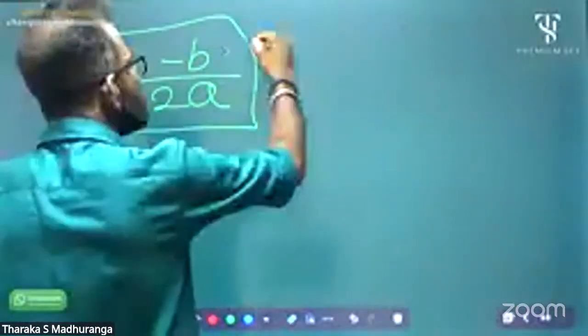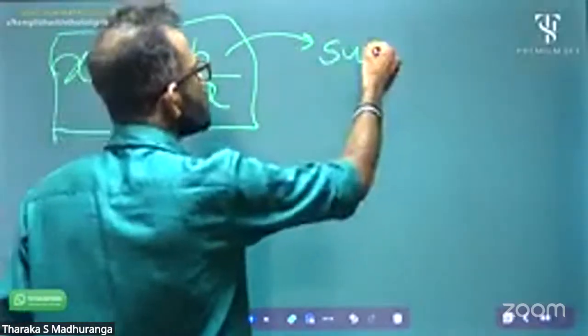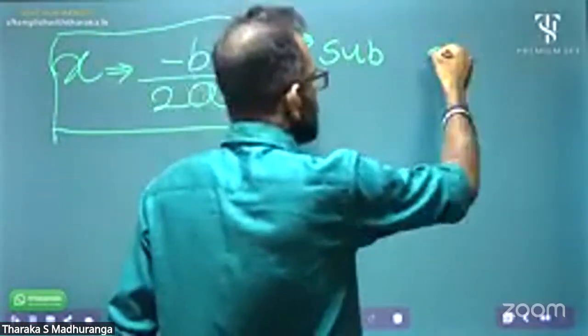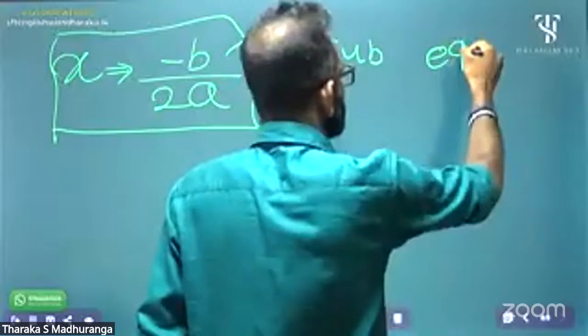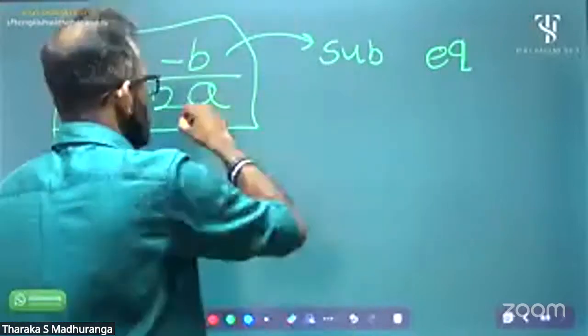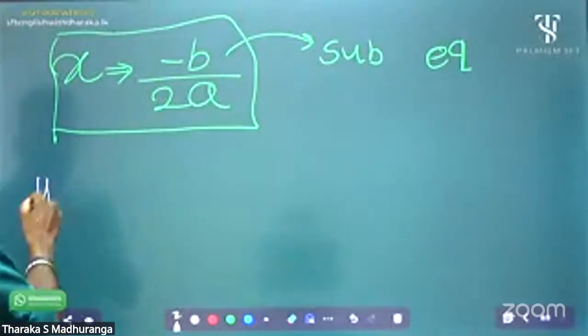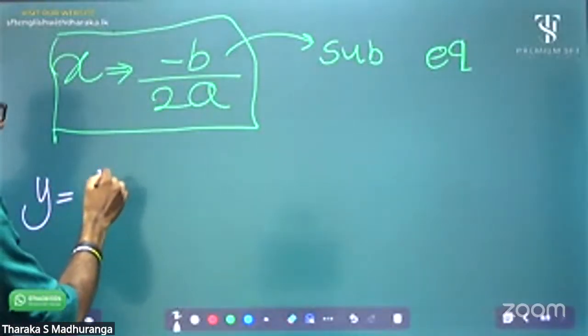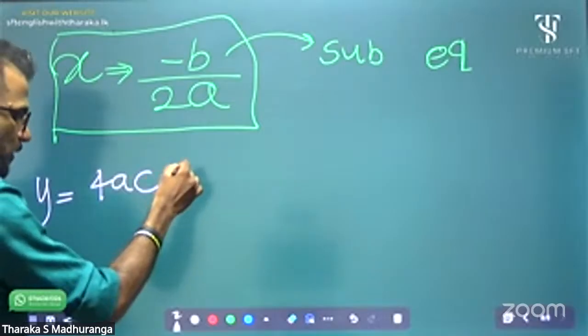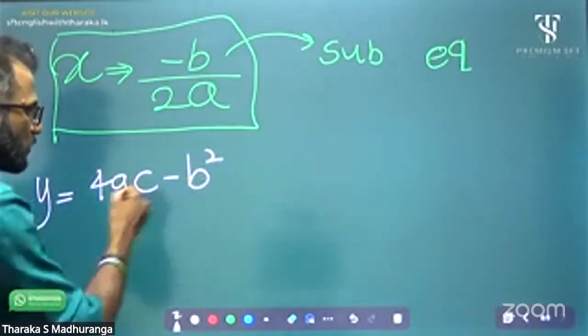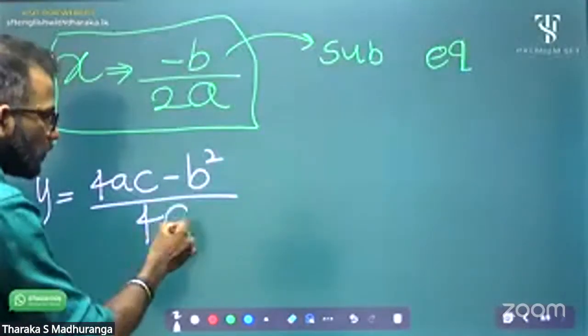The x value you can just substitute into the common equation. If not, we have another equation: y equals 4ac minus b squared over 4a.